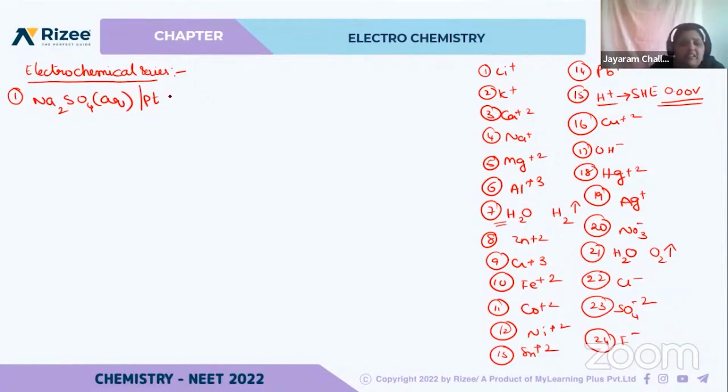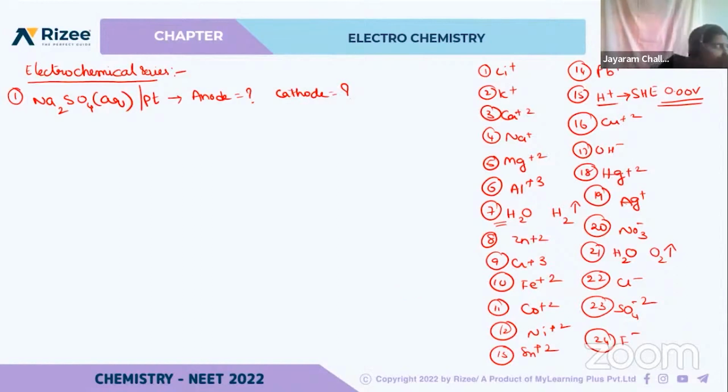This is an inert metal, which does not involve in a reaction. So they may ask, what are the products formed at anode and cathode? Or else, which one is going to reduce and which one is going to oxidize?